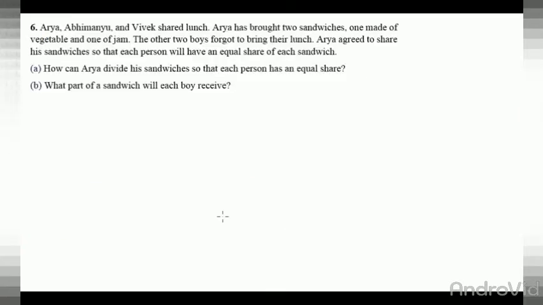Question 6. Arya, Abhimanyu and Vivek shared lunch. Arya has brought 2 sandwiches, one made of vegetable and one of jam. The other 2 boys forgot to bring their lunch. Arya agreed to share his sandwiches so that each person will have an equal share of each sandwich.